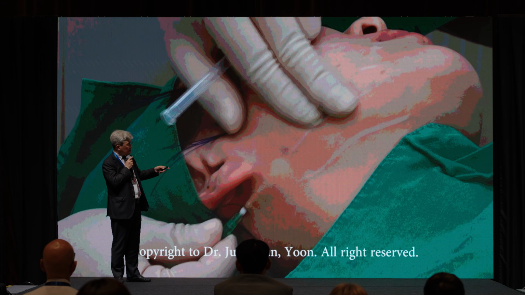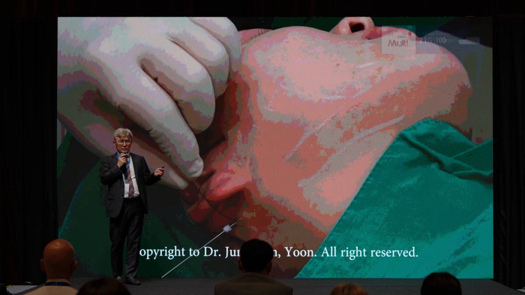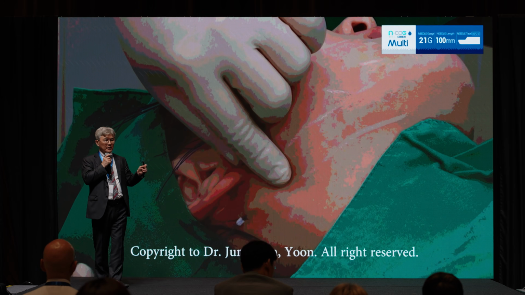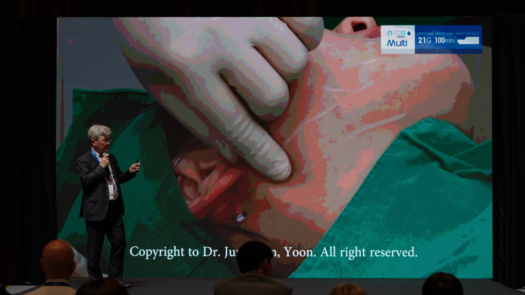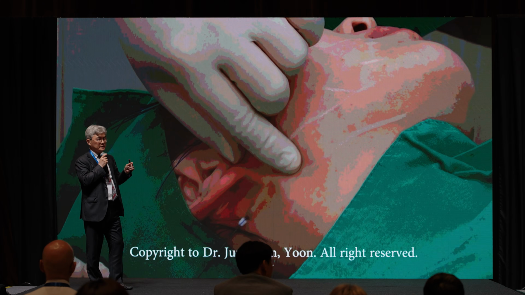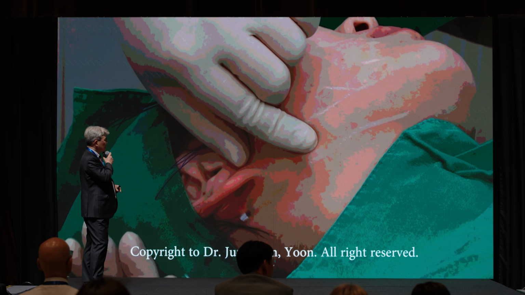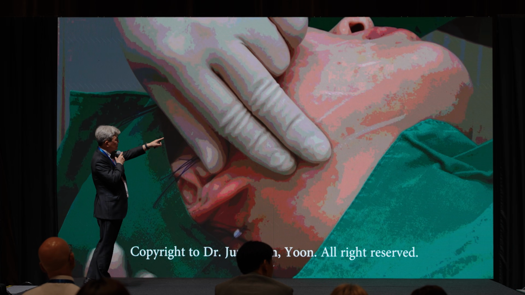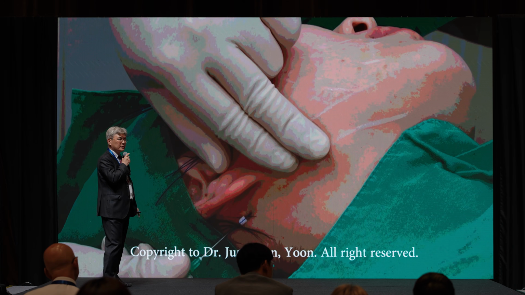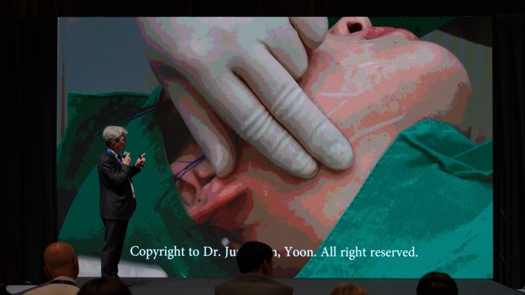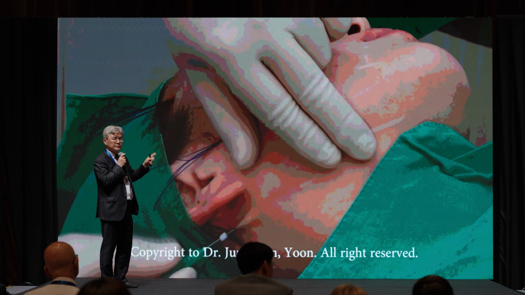So when you insert in this area, spin the cannula a little and advance it step by step to the marionette line. Insert the first one along the mandibular boundary, and insert the second one 1 centimeter underneath the first line.